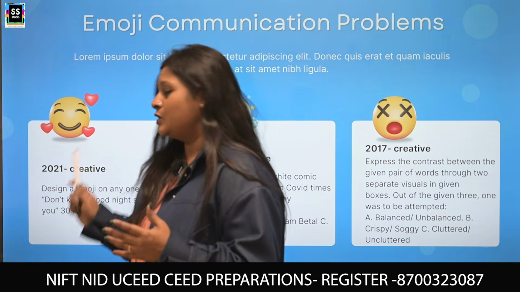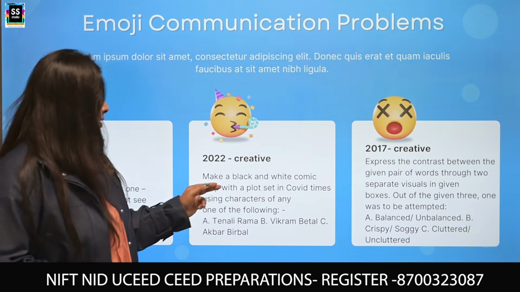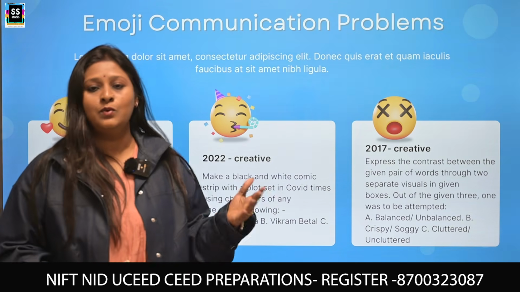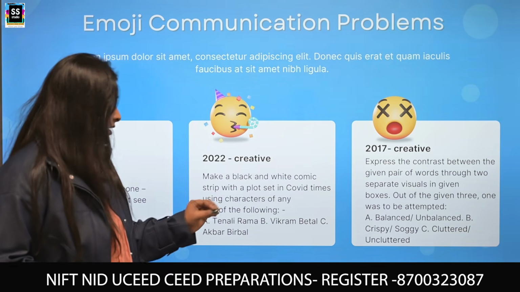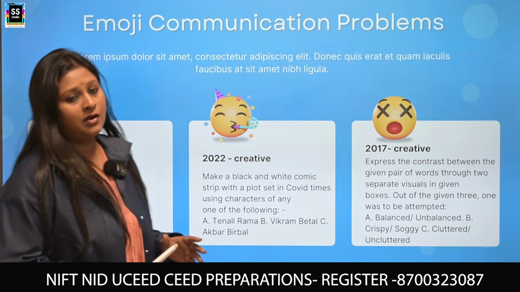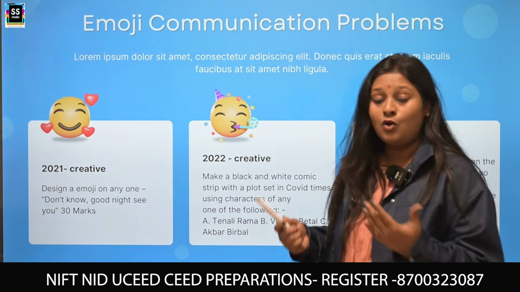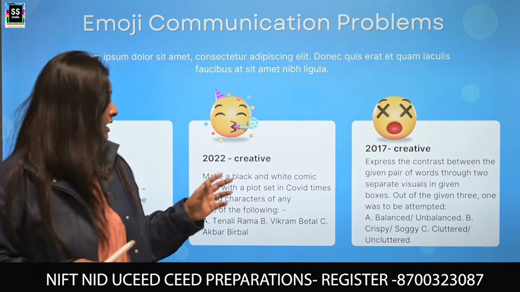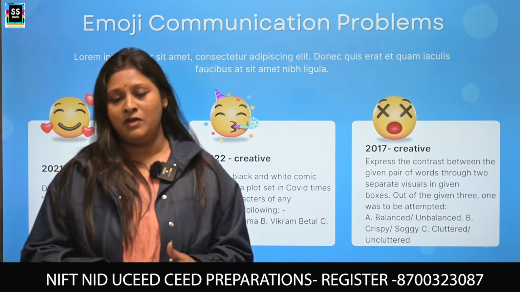In 2022, make a black and white comic strip with a plot set in COVID times, using characters of any one of the following: Tenali Rama, Vikram Betal, and Akbar Birbal. The context used was COVID, but again by using gestures and expressions, that whole strip was to be made.